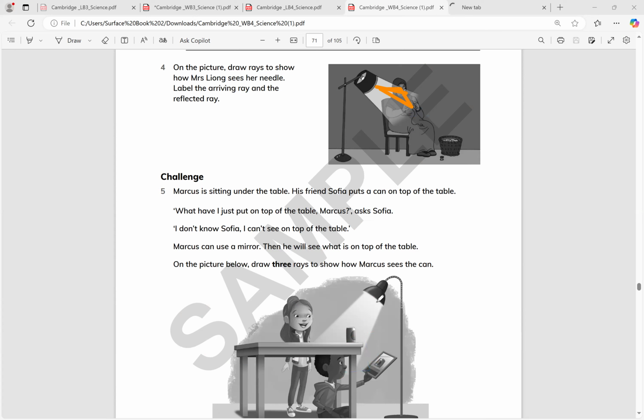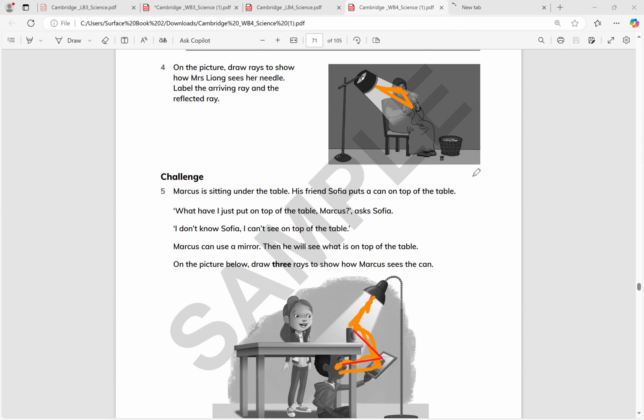Another ray could be this. Then bounce here and bounce there and bounce to the eye. No, that is not correct. Now, another way is to do this. Then here and right to the eye. Yeah, correct. You guys are getting the hang of it. You guys are drawing a lot of rays.